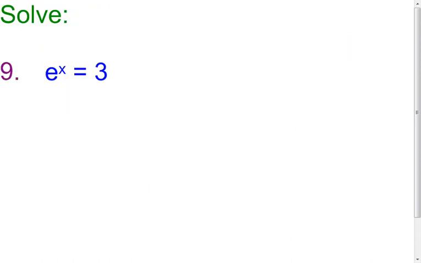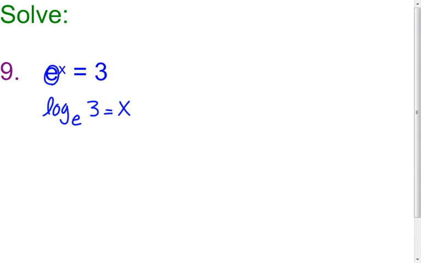All right, then I want you to be able to solve these here. e to the x equals 3. Lots of you can figure out a shortcut, but I'll do one where I don't use it. I'm going to switch it to logarithmic form first. My base would be e, my exponent is 3, and my answer is x.